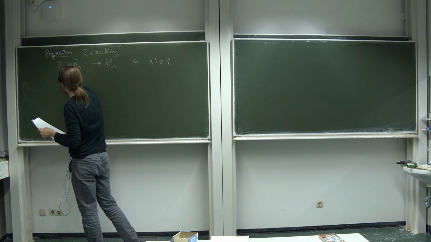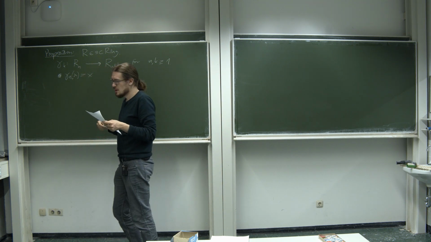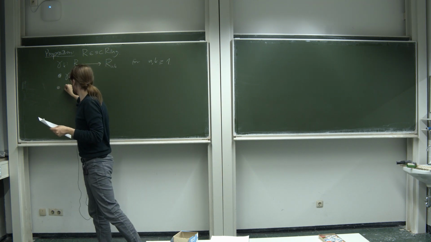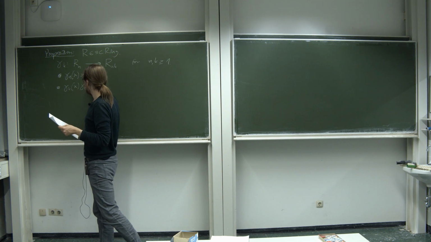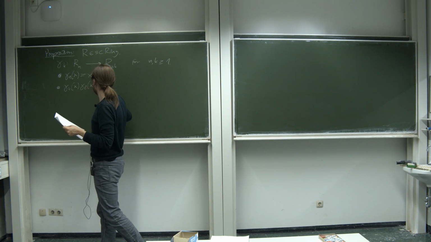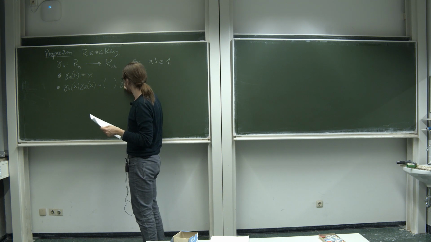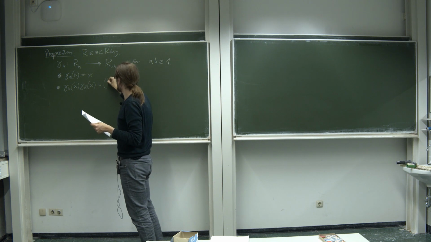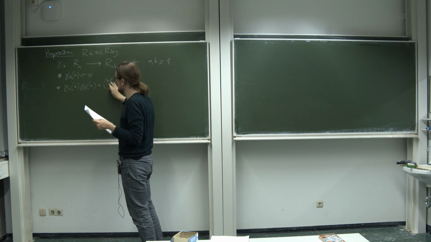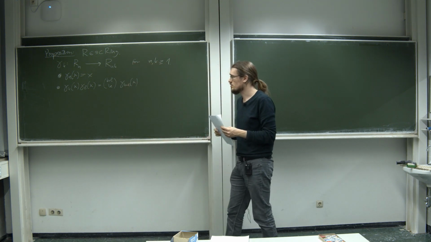So first of all, gamma 1 is simply the identity. Second, gamma k times gamma l is a certain multiple of gamma k plus l, x, namely k plus l choose k. We have this binomial coefficient appearing.